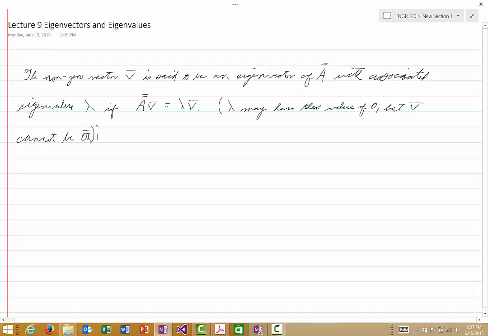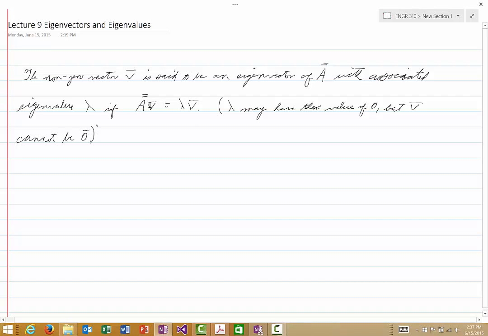However, in some cases, we will find that the eigenvalue, this lambda, can be equal to 0. In other words, and this is the interesting thing, there are some cases where you can have a non-zero matrix A multiplied by a non-zero vector v, and yet you will still get 0 on the right-hand side.